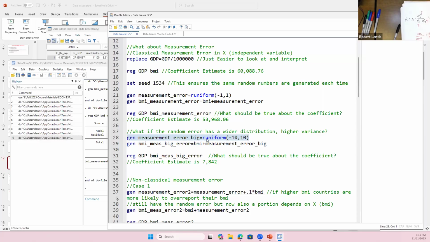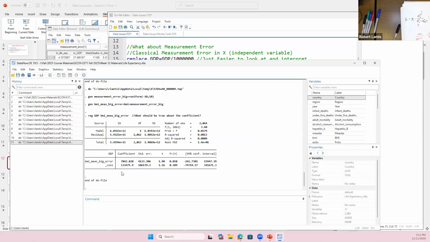If I have an even higher variance on my measurement error, this new measurement error, bigger variance, I should see an estimate that's even lower. So if I now create this new measurement error, I create BMI that includes this larger measurement error. Now when I run the regression, what estimate do I see? It's really been attenuated. It's gotten a lot closer to 0.